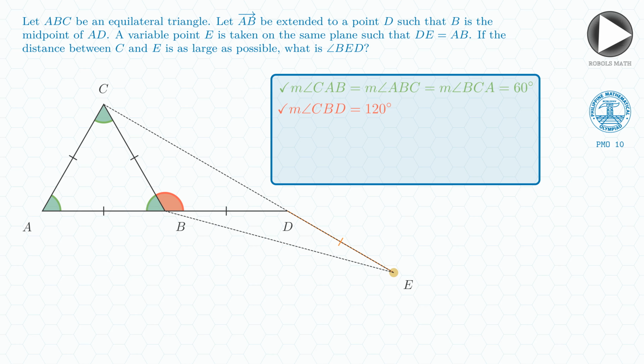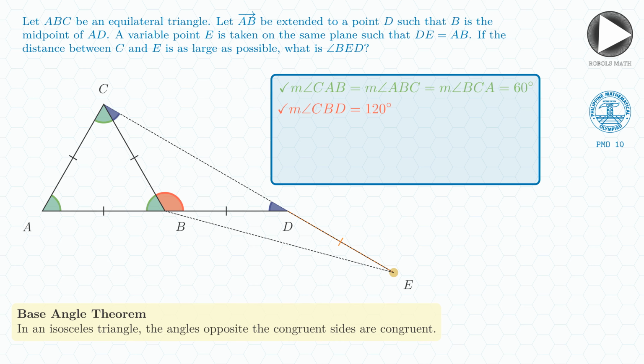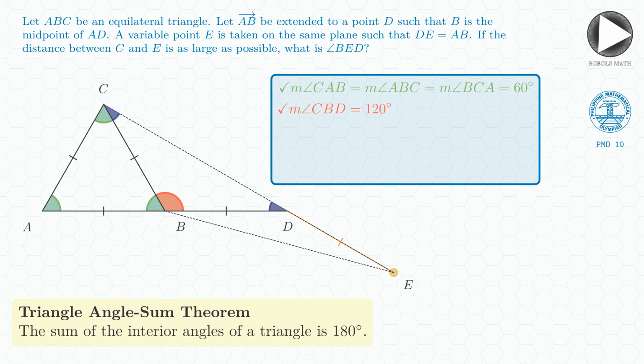Next, we look at the blue angles, BCD and BDC. Note that these are base angles of an isosceles triangle because BC is congruent to BD. By the base angle theorem, the blue angles have to be congruent. Next, we make use of the triangle angle sum theorem to conclude that the sum of the measures of the interior angles of triangle CBD is 180 degrees.